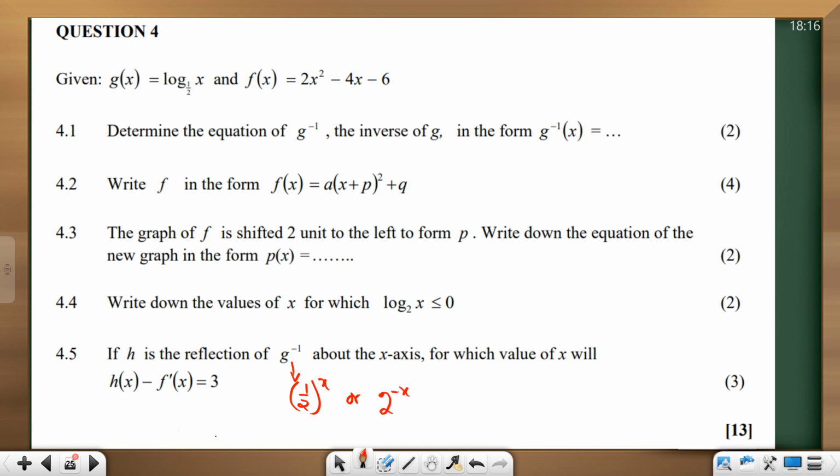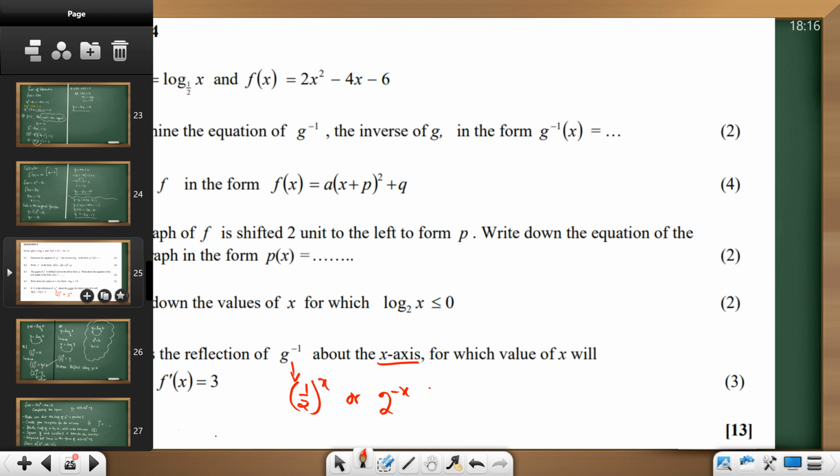Now we are reflecting that about the x. Let's remember the rule of reflection about the x. If you reflect about the x, you keep the x and change the y. Make sense? Okay, we'll come back to this, slide number 25.